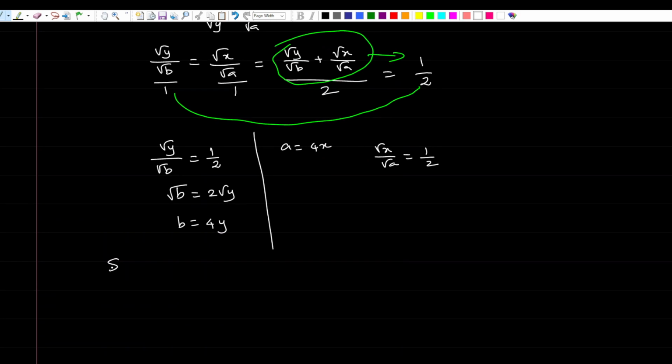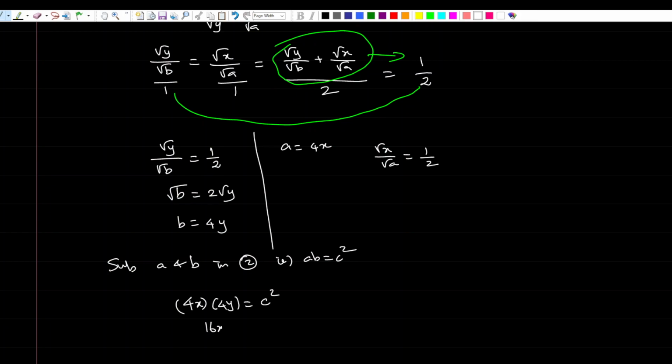Substitute a and b in equation number 2. That is ab equal to c square. We will get 4x into 4y equal to c square.